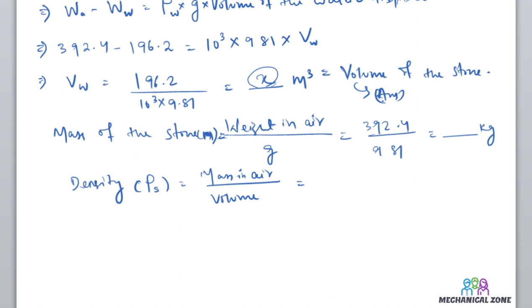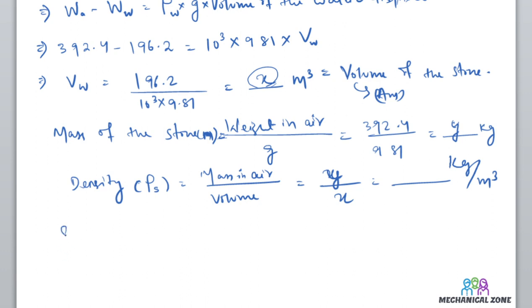The mass of the stone is y, as we have done the calculation. So the density will be mass y divided by volume x. We will get the density in terms of kg per meter cube, because y is in kg and x is in meter cube, but you will have the actual value because you have calculated y and x.